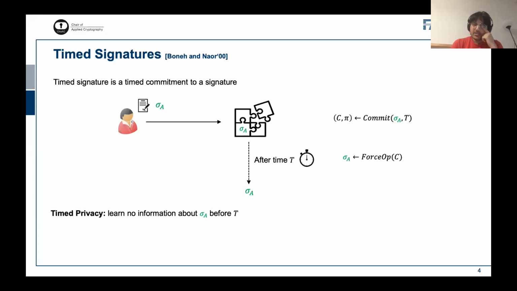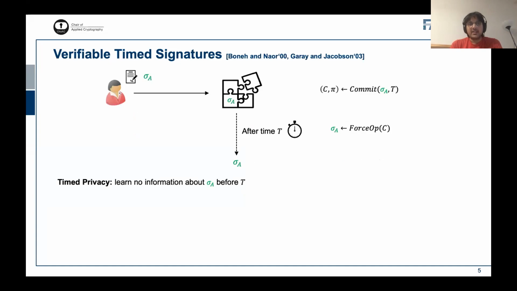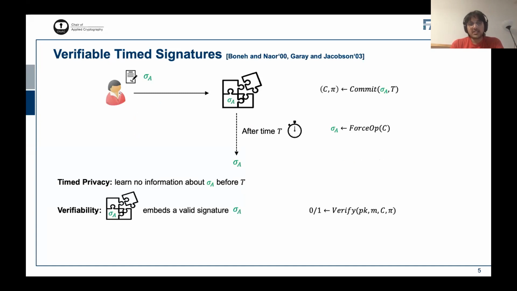But if you look closely, you need one additional property for the timed signature, and that is what makes them verifiable timed signatures: verifiability. Given this commitment, you should be able to verify that it indeed embeds a valid signature sigma A on the document or message.